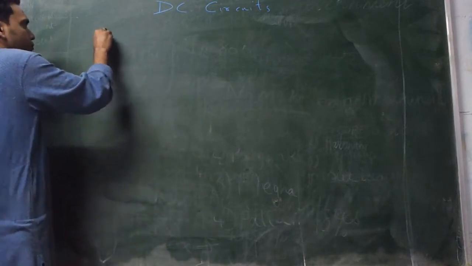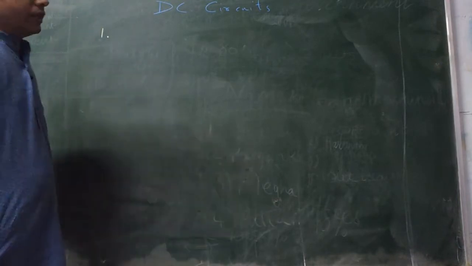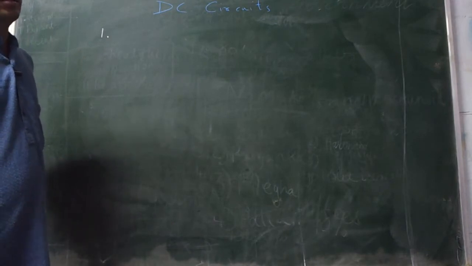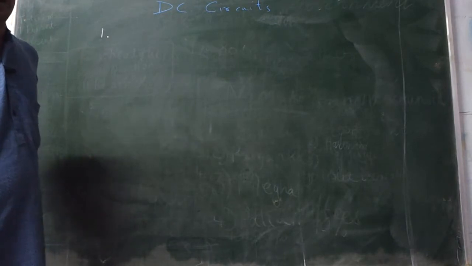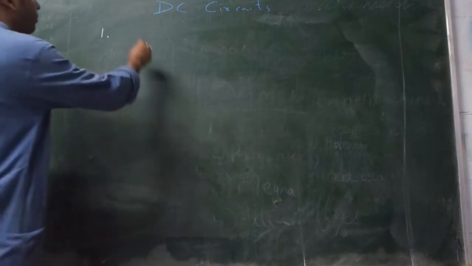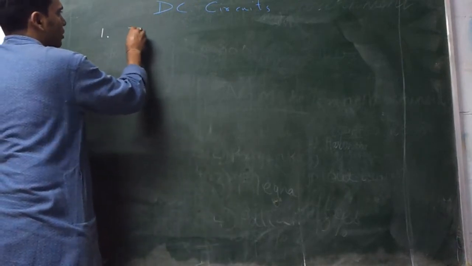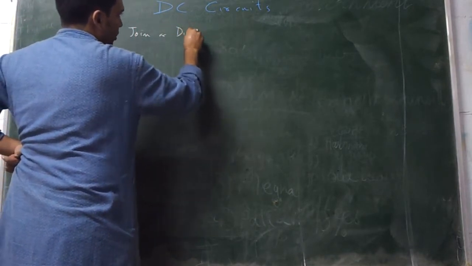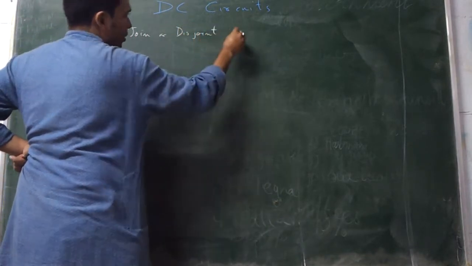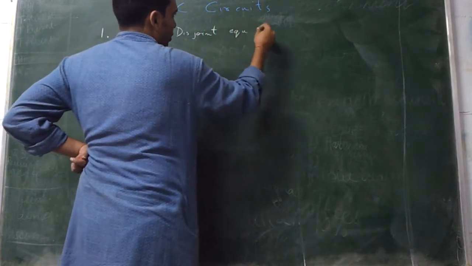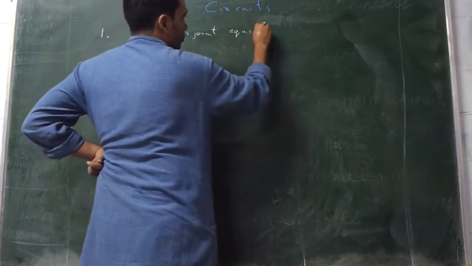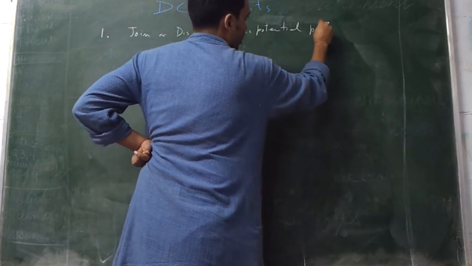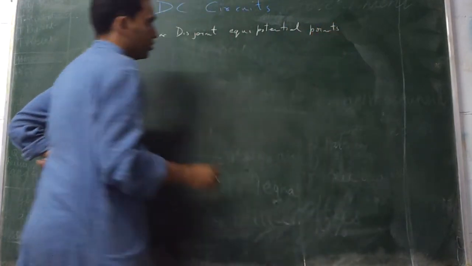So, say the first one is equipotential points in a circuit. You can connect them or you can disconnect them. That means join or disjoin equipotential points in a circuit.